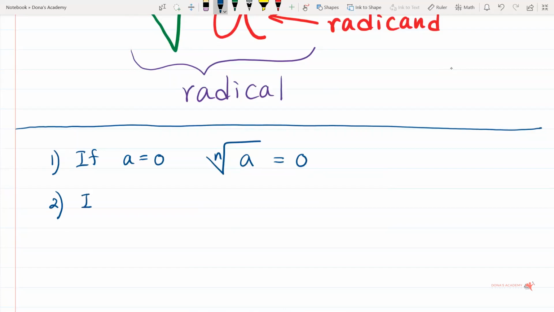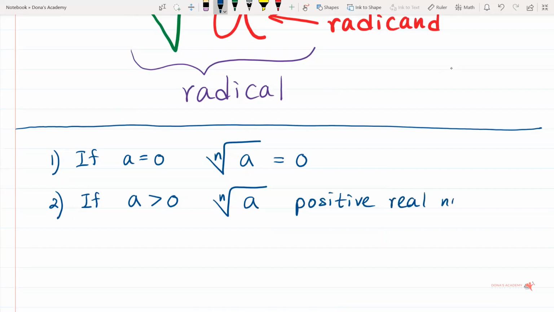Second one, if a is greater than 0, that means positive, then this thing is always a positive real number. Now, what does this mean?